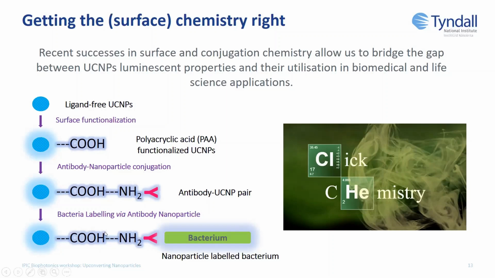Or in the example that you can see on the slide, they target bacteria. So depending on our application, we can work on the surface chemistry so that it provides the best specificity for our application, and we can incorporate those nanoparticles into biological samples, and they will attach to the cell of interest.